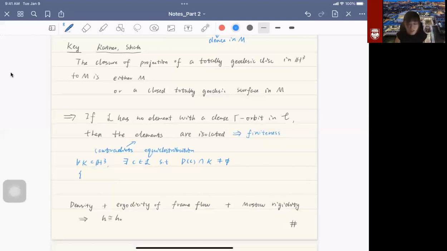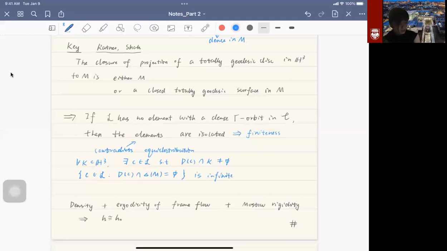And from here, we claim that all the elements C such that D of C intersects the fundamental domain of M, the set of all these elements must be an infinite set.